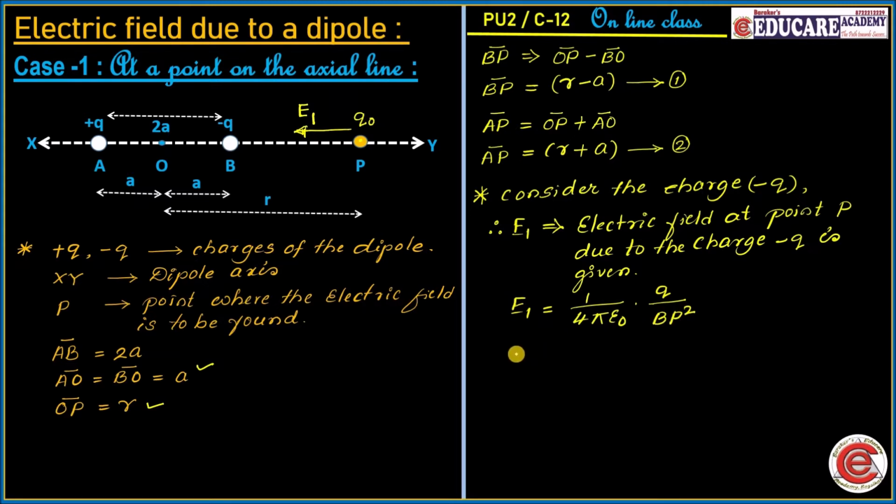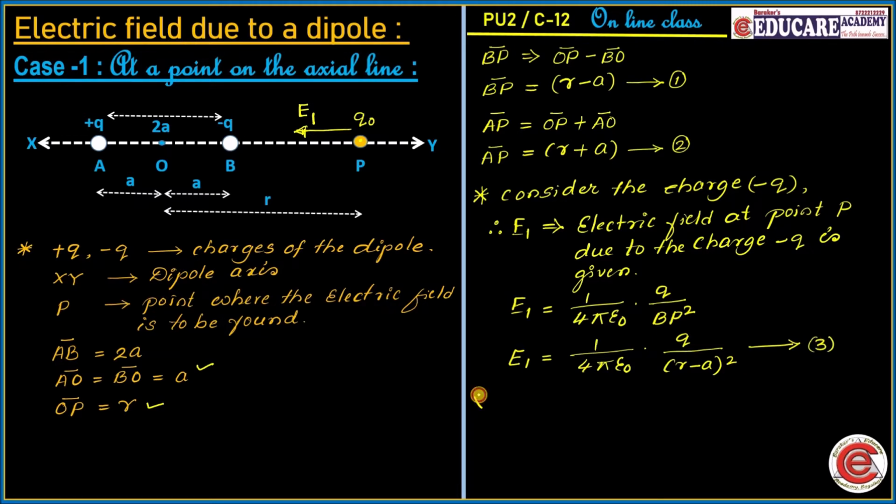Okay, distance square. And we know the value of BP, which is taken from equation 1. It is Q divided by (R minus A) whole square. Now let us consider this result as result 3.